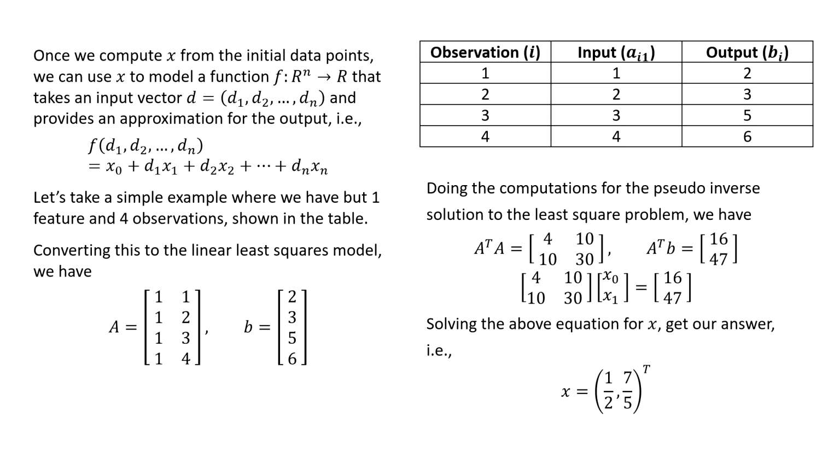Once we compute x, our solution to the least squares problem, we can use x to model some function from n-dimensional space to the real numbers that takes as input some vector d and provides an approximate output. So you put in this input and you get an output. That's the idea.